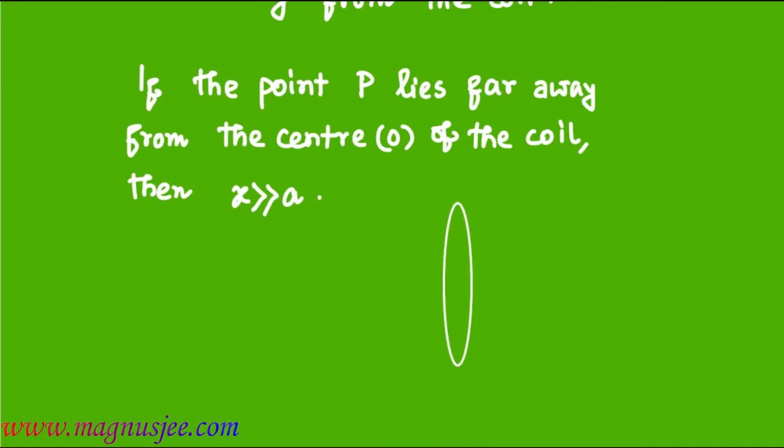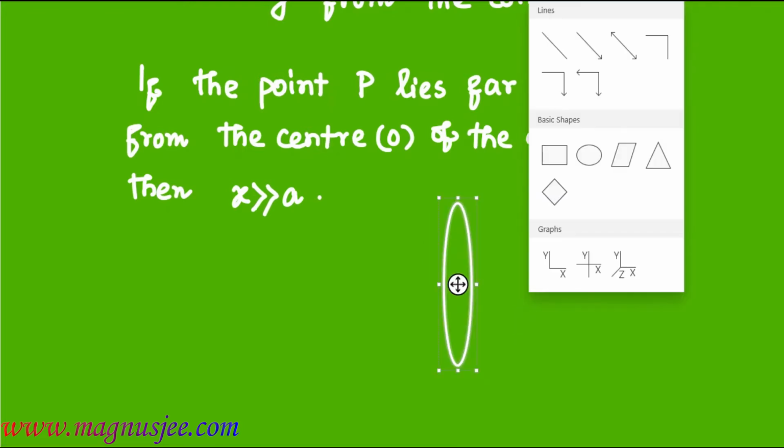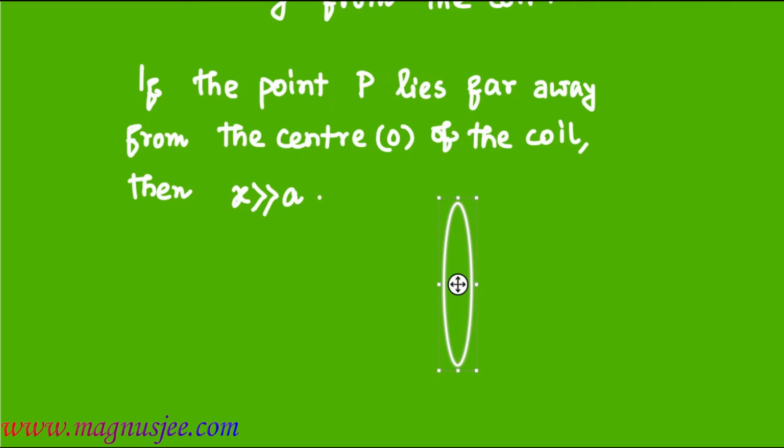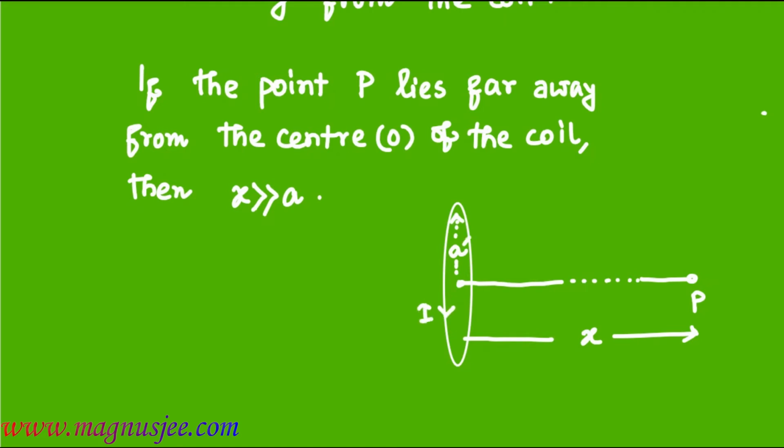If you draw the diagram to explain this, this is the vertical circular coil, and we can draw the axis of the coil, which is far away from the coil. This is the axis at a large distance from the coil. Here x is very large, meaning the point P lies far away from the center of the coil. a is the radius and current flows through the circular coil in this way.